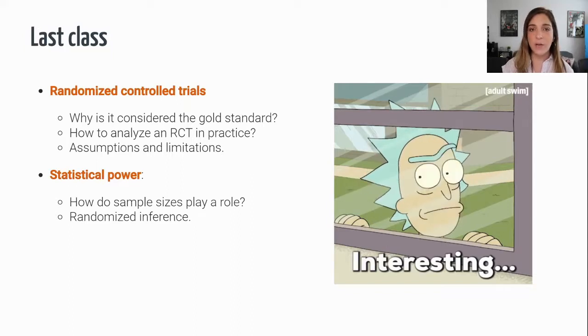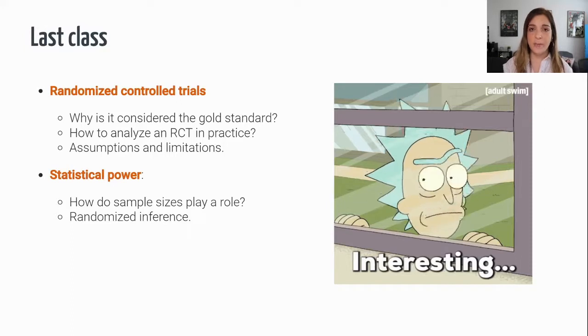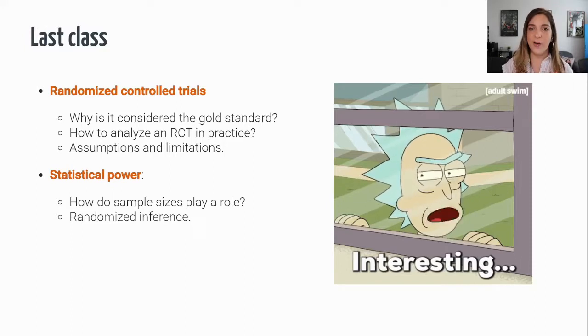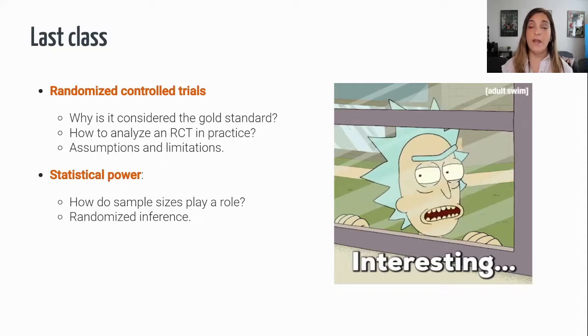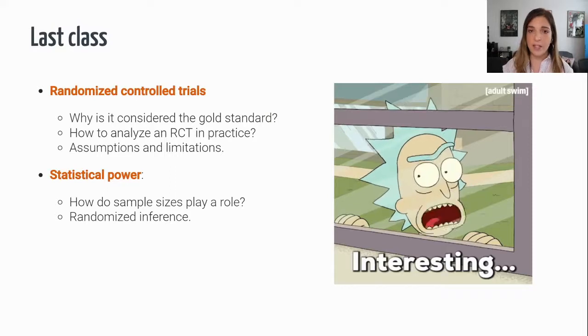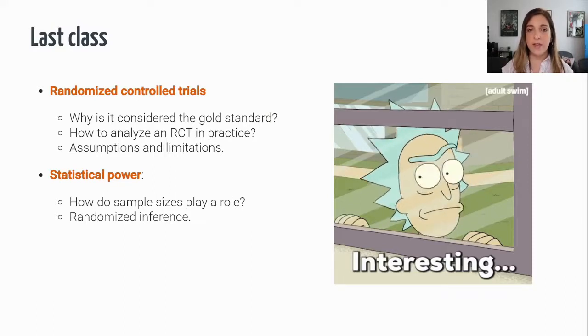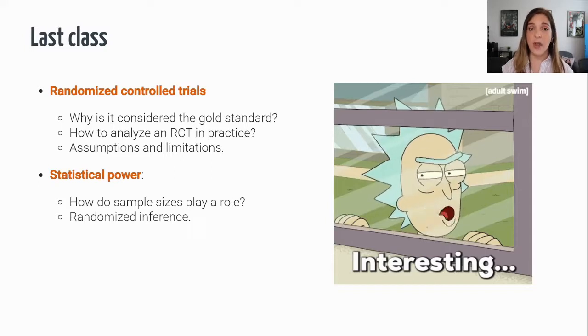One limitation that I did not mention on the last class, but it should always be at the forefront of your thought process when you're designing a field experiment, are ethical concerns with the treatment that you're assigning. A lot of the times it is not feasible to randomize an intervention, but a lot of the time it's just not ethical.